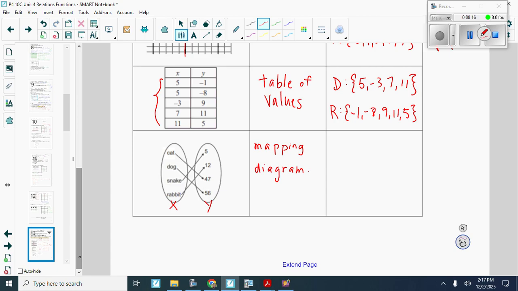All right, our domain. Looks like maybe people's pets. With a cat, a dog, a snake, and a rabbit. And then our range, of course, is just the numbers and the y.